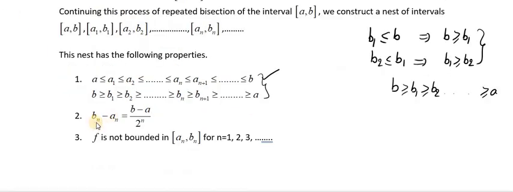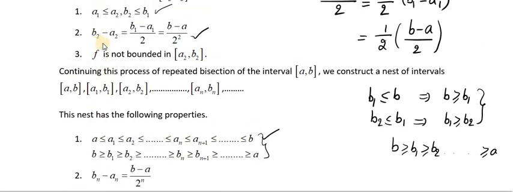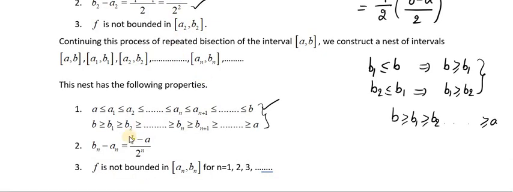These nest of intervals, so observe, here the second point is b2 minus a2, value is (b minus a) by 2 square. That means if we divide the closed interval 2 times, then we get 2 square. Similarly for n times, we get 2 power n.